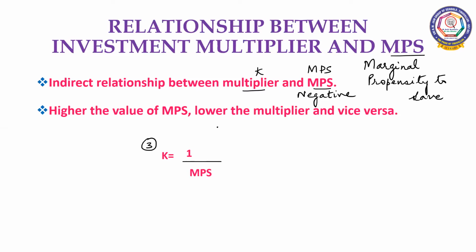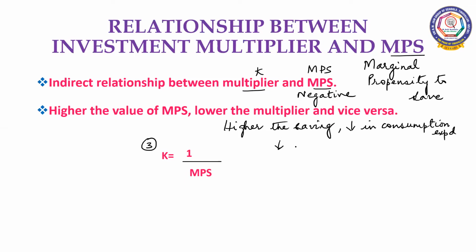Now let us see, higher the saving, what happens to the consumption expenditure? Consumption expenditure would fall. There's a decrease in consumption expenditure. The income of the producers who are producing consumption goods and services falls.